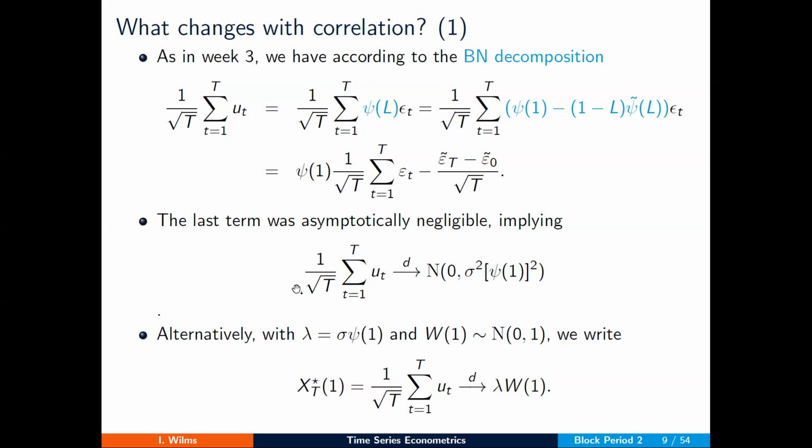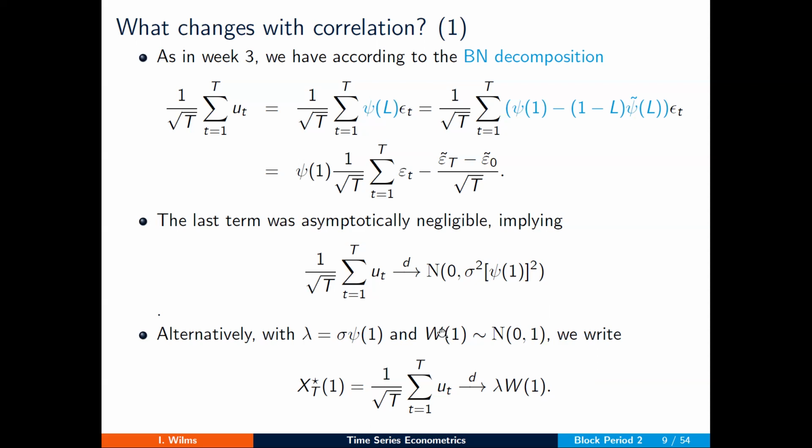So I can alternatively express this result like this, where the last expression on the slide looks very familiar, because we have a scaled partial sum process, but it's slightly different from the one that we used before, as denoted by the X star notation. Because we sum here over all errors, the u's, not the IID errors, the epsilons. And this indeed converges in distribution to this limiting distribution, just a rewritten version of that.